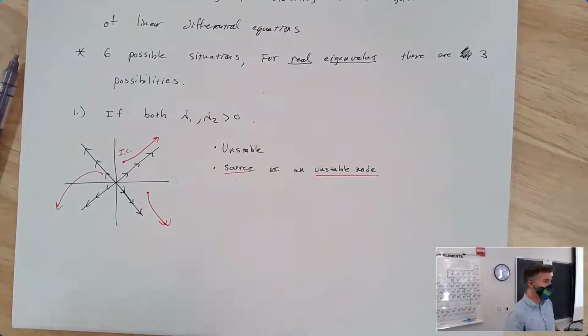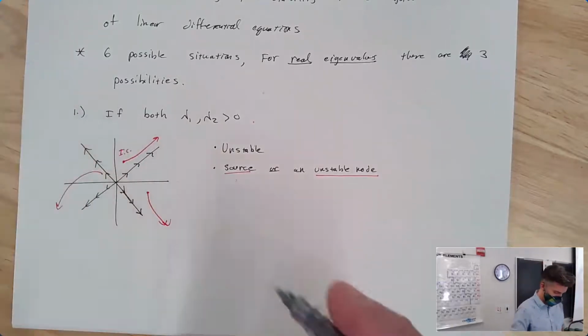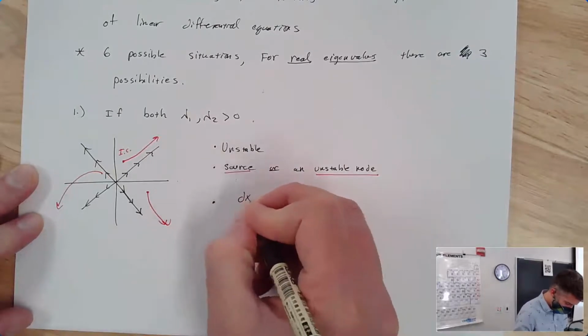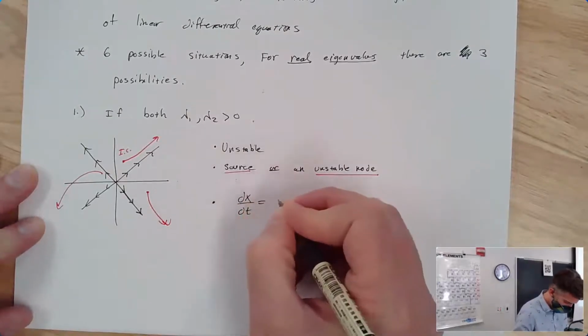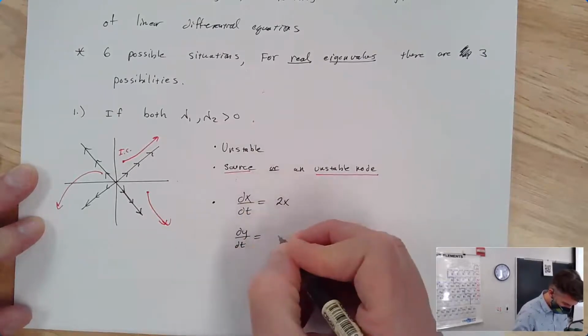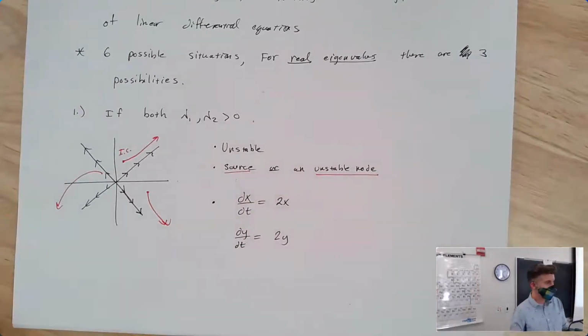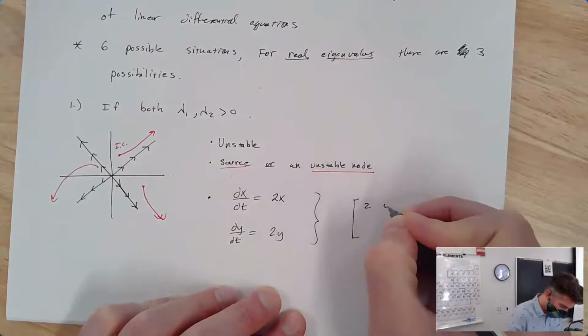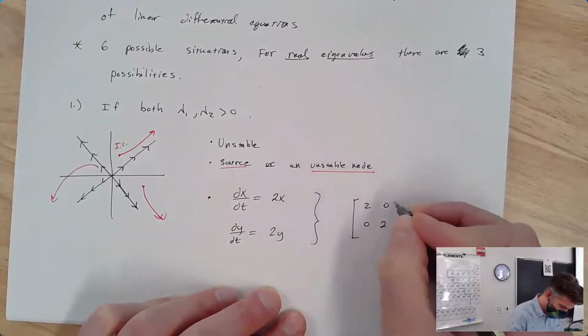An easy example of a system that has this is something like dx/dt equals 2x, dy/dt equals 2y. It's not a very interesting example, but the matrix for this would be 2, 0, 0, 2.